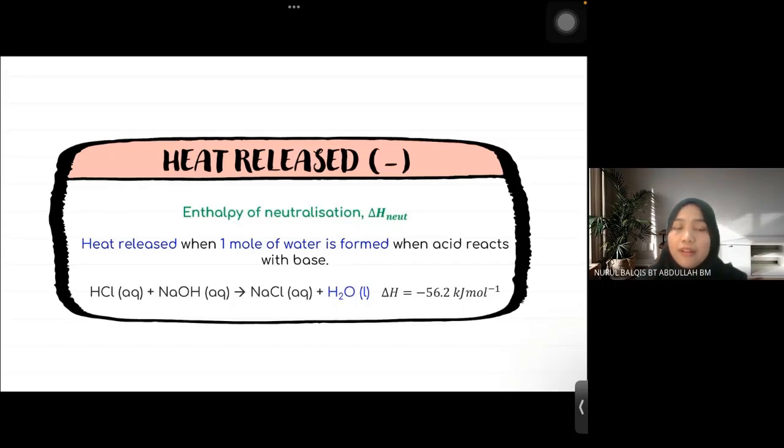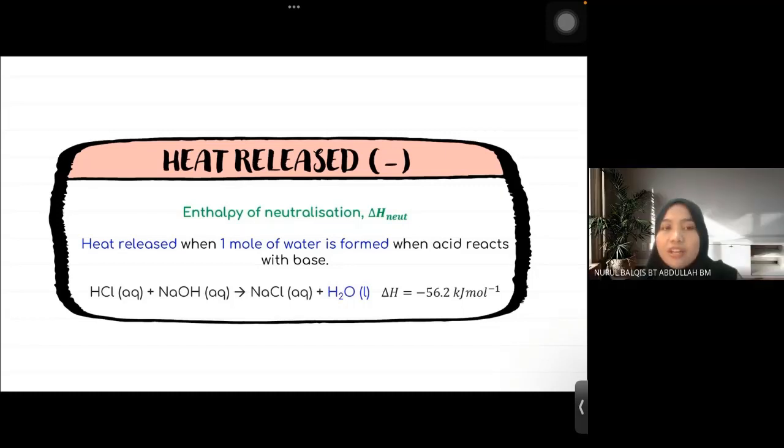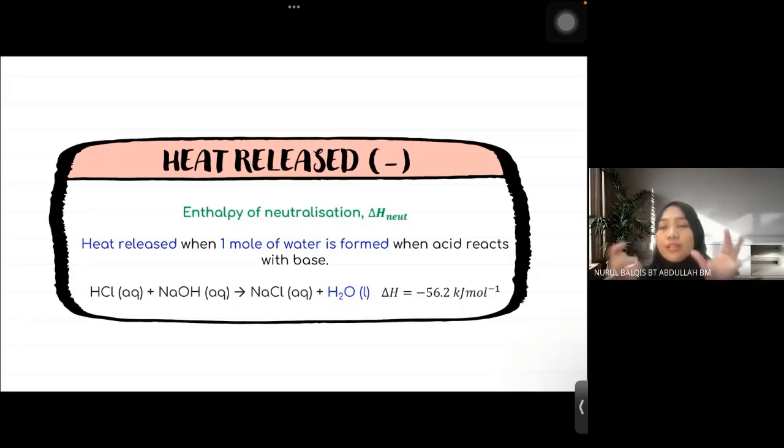Just now from the definitions of combustions, the species that reacts with oxygen needs to be 1 mole, right? Yes. But now for neutralizations, do we still need to focus on the reactant side for the 1 mole? No, because once neutralizations happen, water is formed. So the species that we need to keep as 1 mole is the water formed. It is now on the product side. It means it is not necessarily the reactant that must be 1 mole. It depends on the definitions.